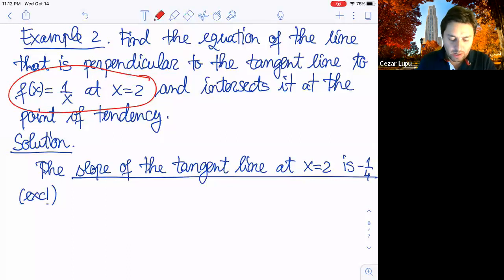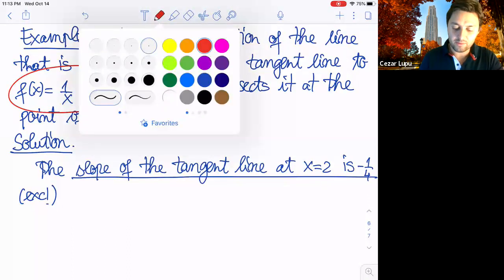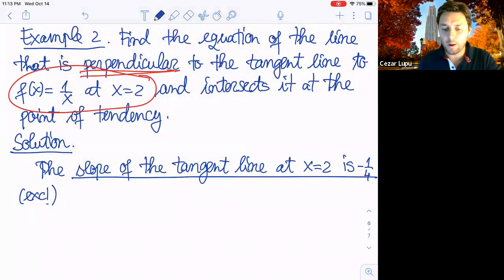And now keep in mind that this line is perpendicular to the tangent line. We have this information here. So we know the slope of this tangent line, we can compute it. And we know that the slope of the line that is perpendicular to the tangent line, well, you know something about those slopes. So we know that the product of those two slopes is -1.